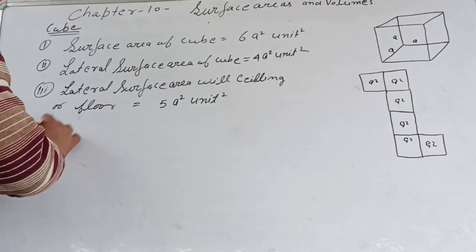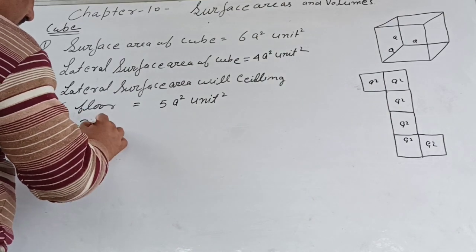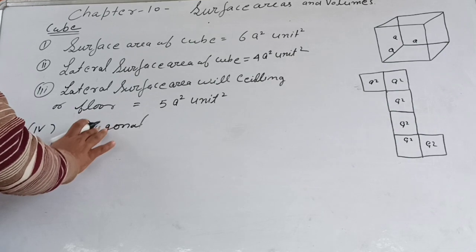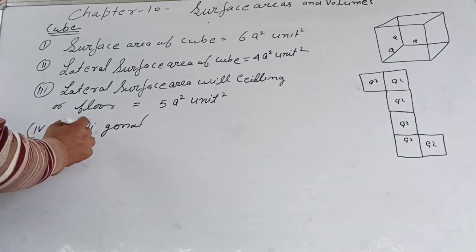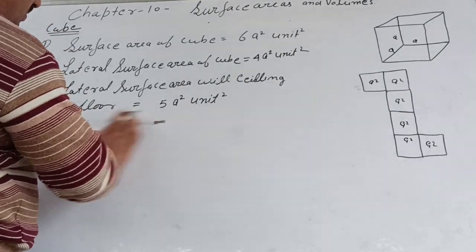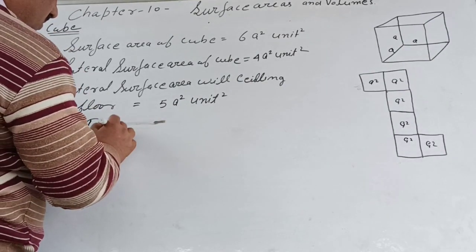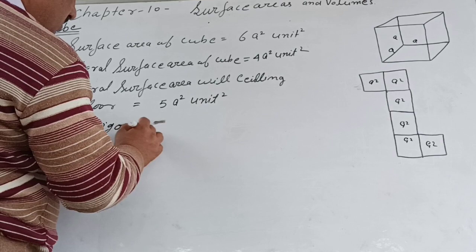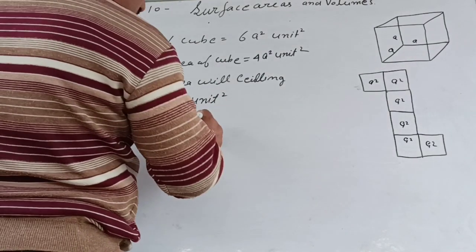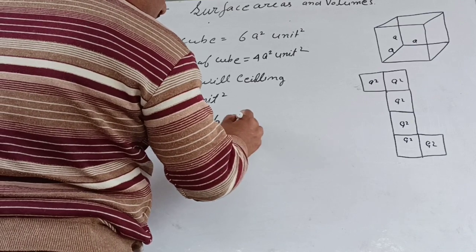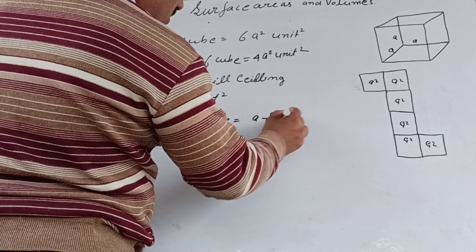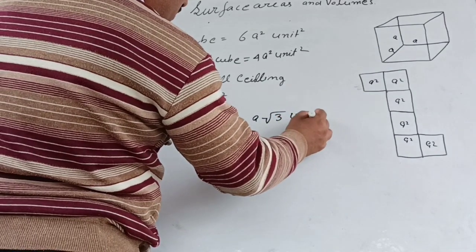Fourth, diagonal. Diagonal of cube is equal to A root 3 unit.